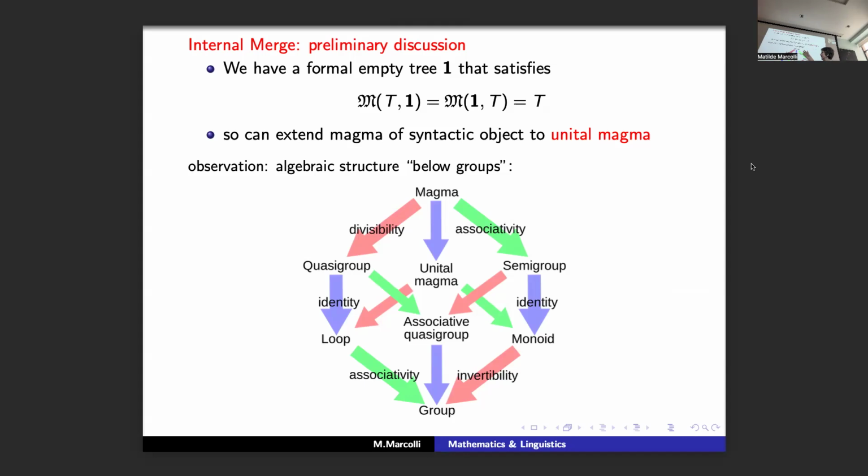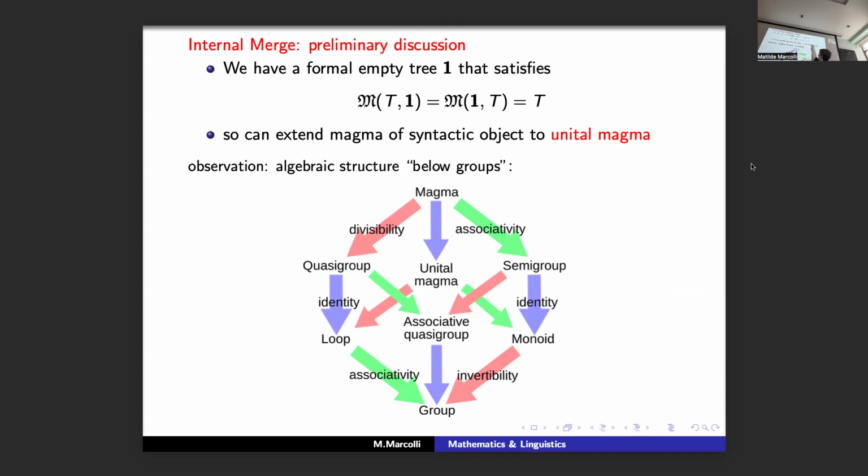But actually, this is what exists below the level of groups. And of course, magma is the simplest thing. So this magma of syntactic objects relies on the simplest possible level of algebraic structure below the level of groups. Then, of course, if you impose associativity, you go to semigroup. If you require that there's an identity, you go to monoid. And if you require invertibility, you go to groups.